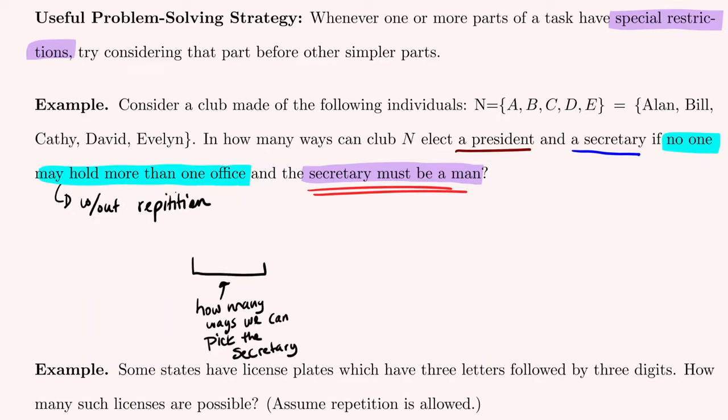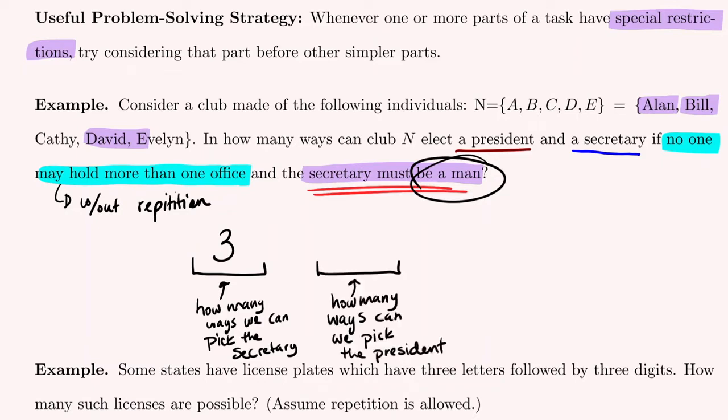Now, the only rule that we have to follow in picking the secretary is the secretary must be a man. Now, looking back at our club, Alan, Bill, Kathy, David, Evelyn, I see there's 3 candidates. Alan could be picked, Bill could be picked, David could be picked. So how many ways can we pick the secretary? Well, there's 3 people available who fit our criteria. So 3.